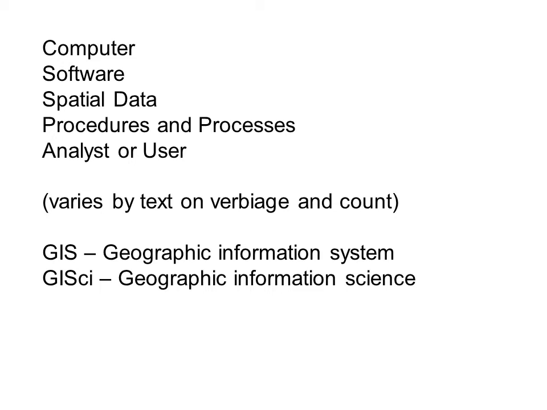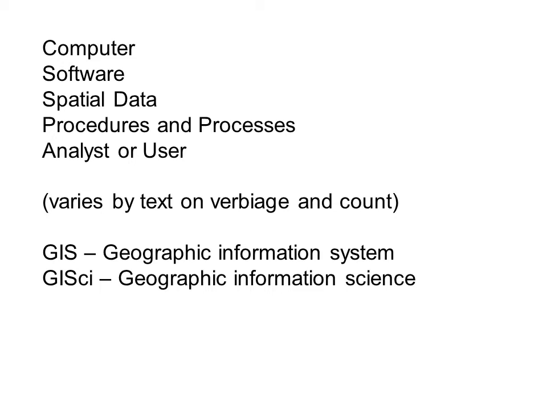And then there are the procedures and processes. The procedures and the processes are the kinds of things that we can do with spatial data. Basically, the hardware runs the software to take the spatial data and apply the procedures as dictated by the analyst or user.